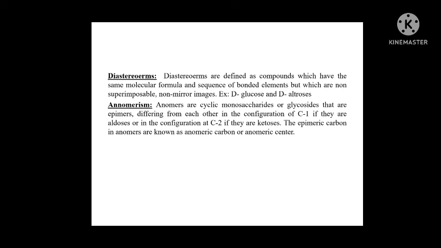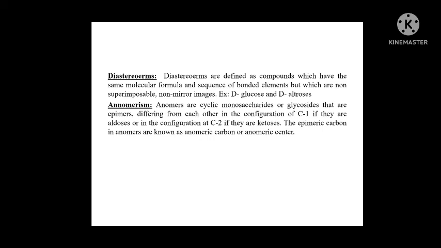So these are diastereomers. Coming to anomerism, anomers are cyclic monosaccharides that are epimers, differing from each other in the configuration of C1 if they are aldoses.